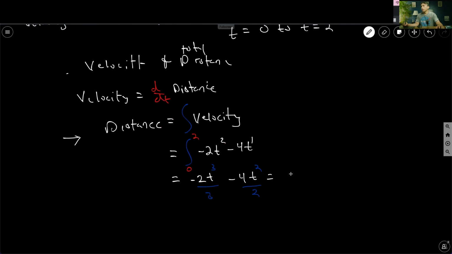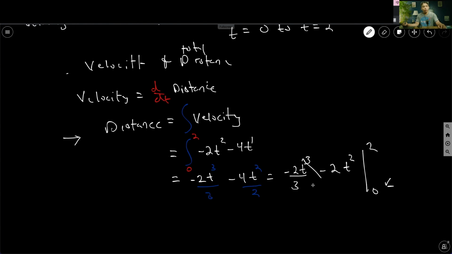This equals then minus 2t to the third power divided by 3, minus 4 over 2, that just becomes 2t squared. And we go from the range from 0 to 2. Because the variable t is in both sections, we don't technically have to worry about plugging the 0 in, because it automatically equals 0.